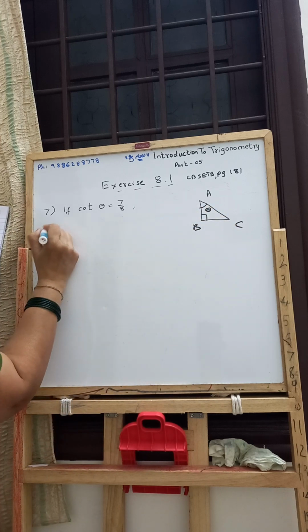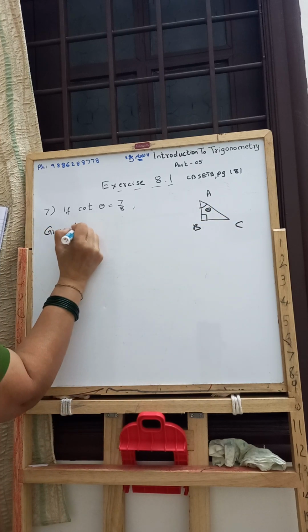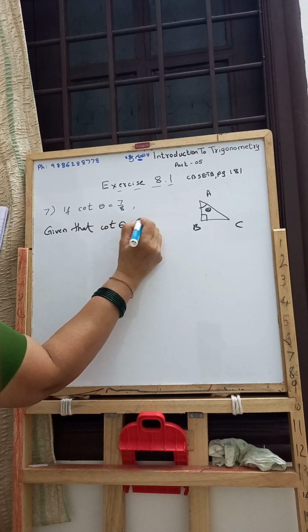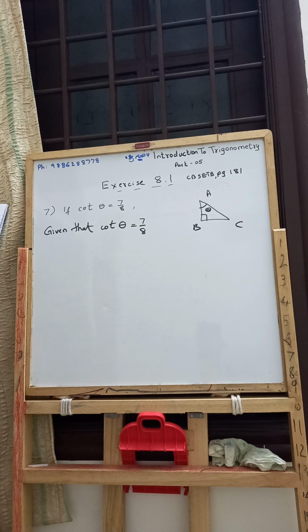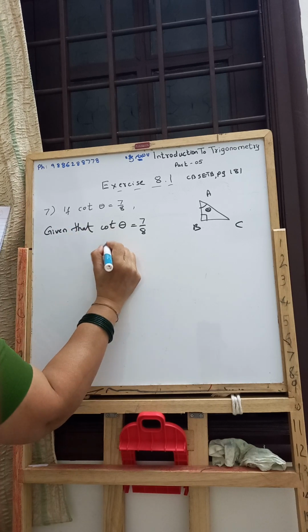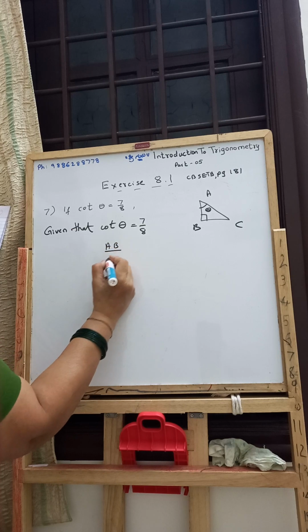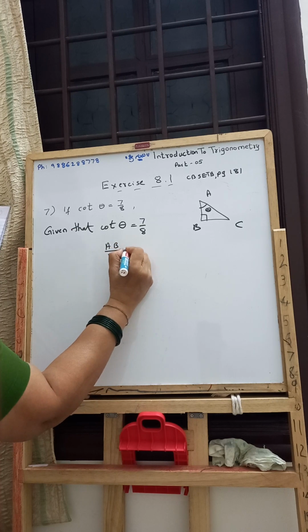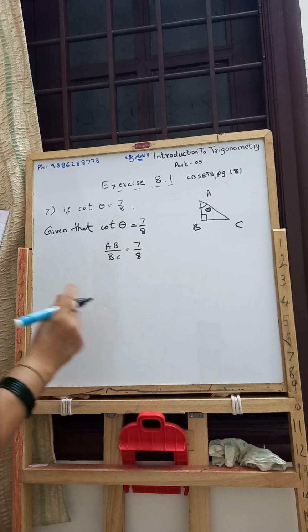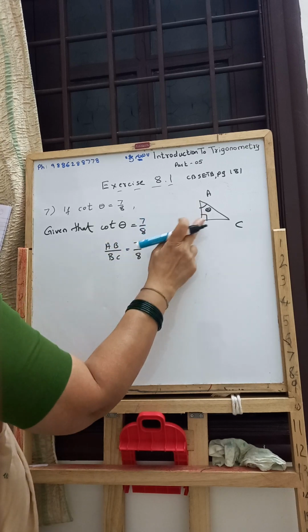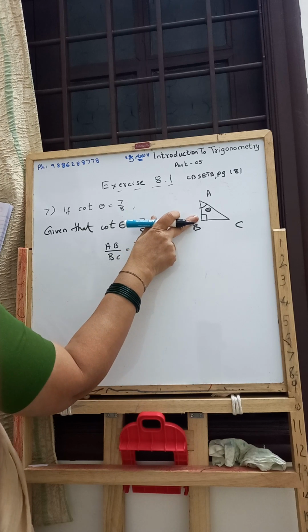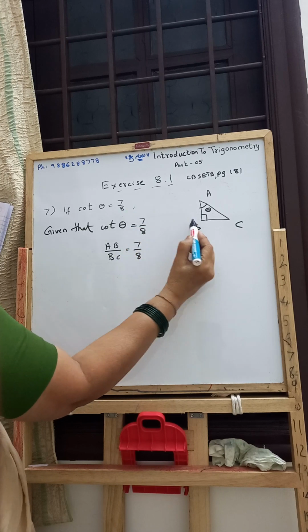It is given that cot of theta is equal to 7 upon 8. That is AB upon BC is equal to 7 upon 8. Cot of theta is adjacent side upon opposite side. The side adjacent to this angle theta is AB and the side opposite to this angle theta is BC.